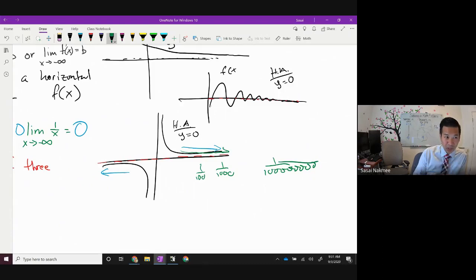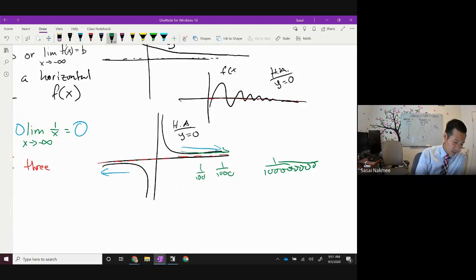It's just really, really small, getting really close to 0 and never quite reaching it. And as I go off further, 1 over 1 trillion, 10 trillion, 100 trillion, it's getting closer and closer to 0, but it doesn't touch it.